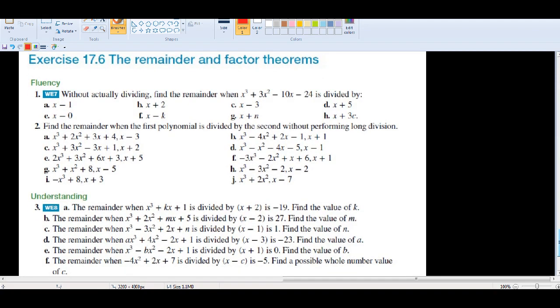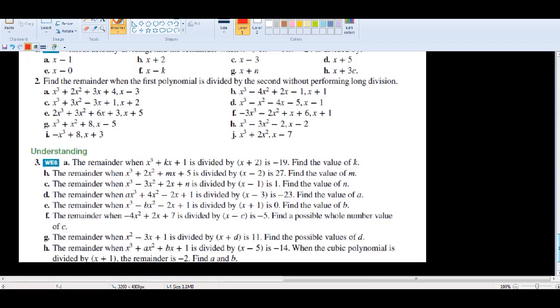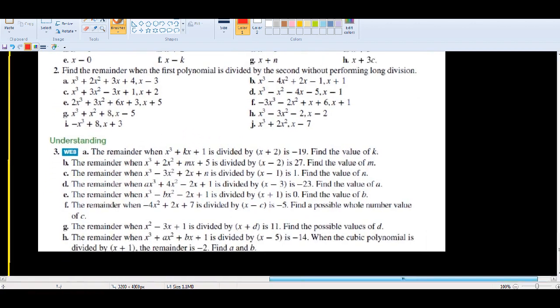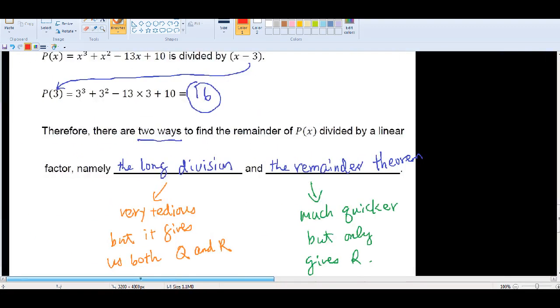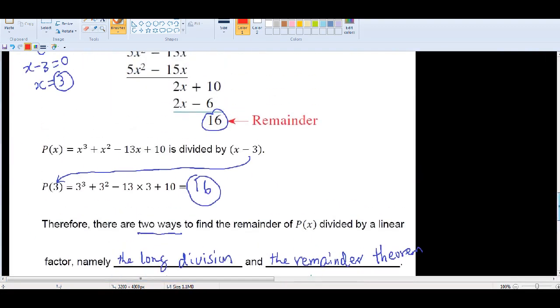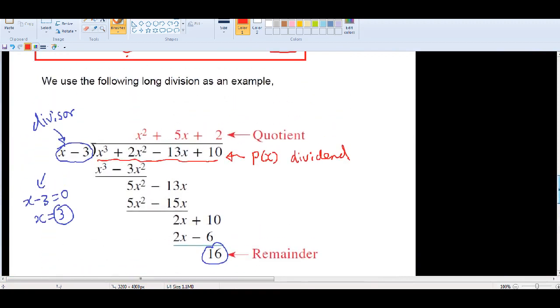Remember, the main idea for this lesson is about how to find the remainder without doing the long division. We can cut short our process to find the remainder by just substituting a number into the polynomial, and then you will get the remainder.